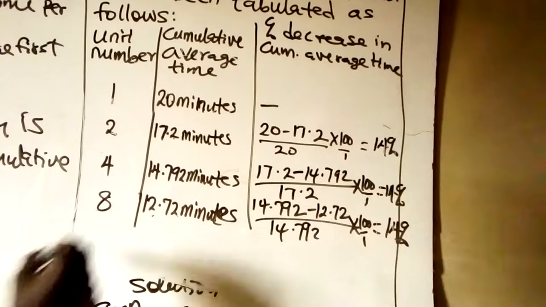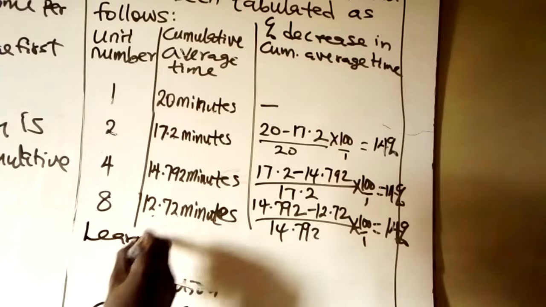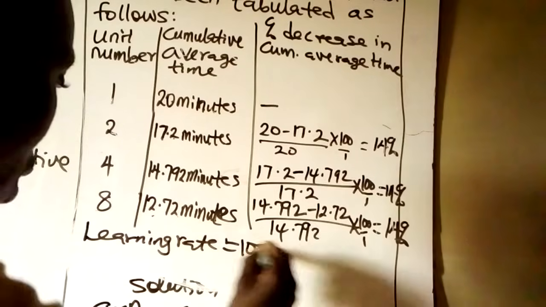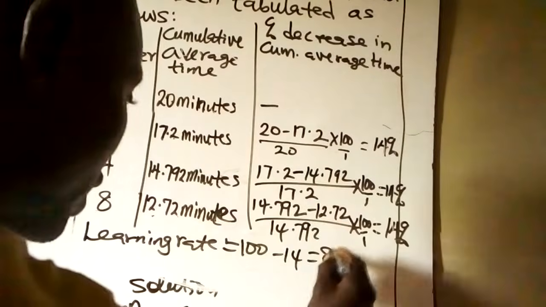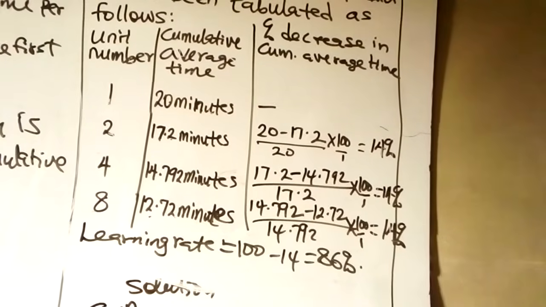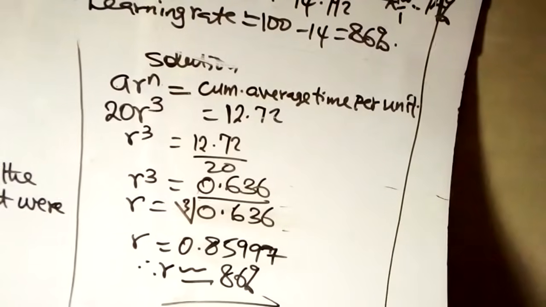So learning rate equals 100 minus 14, which is 86%. You can see that the result obtained under both the tabular approach and the algebraic approach are the same. That is the first example.